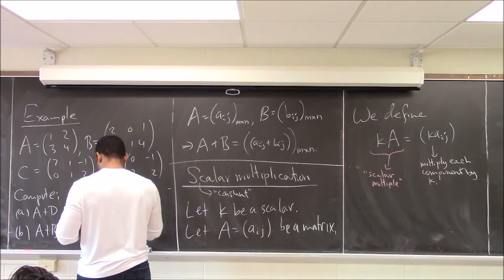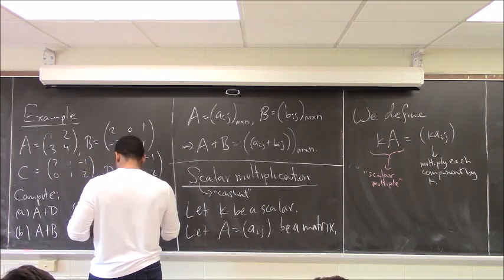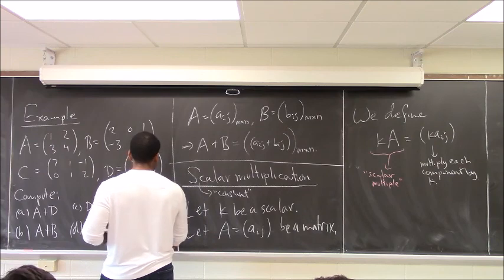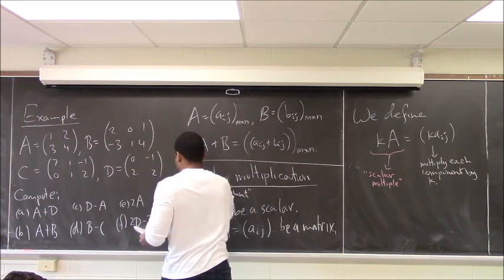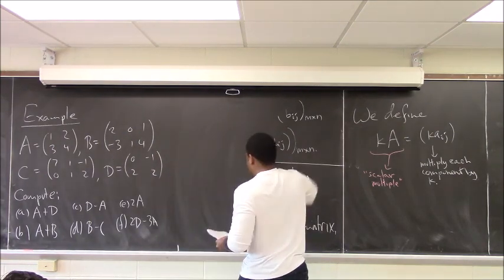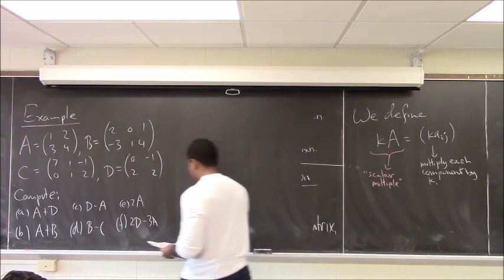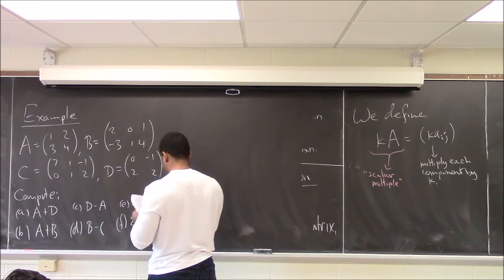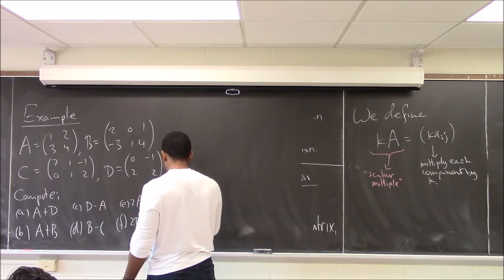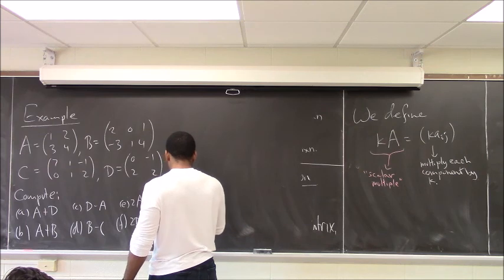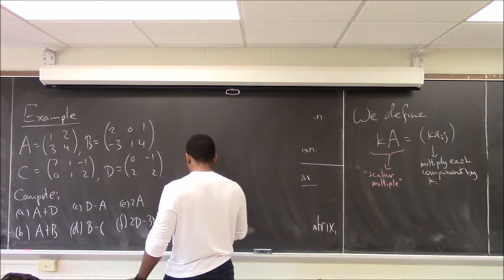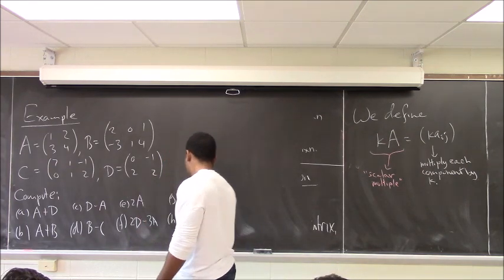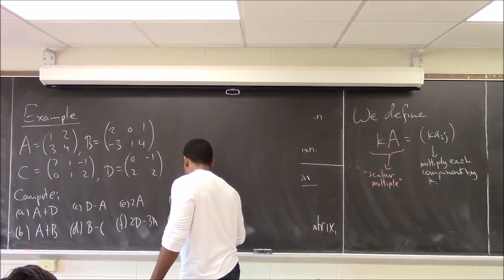F: 2D minus 3A. G: 1/2 D. H: X plus D equals A. Find X.